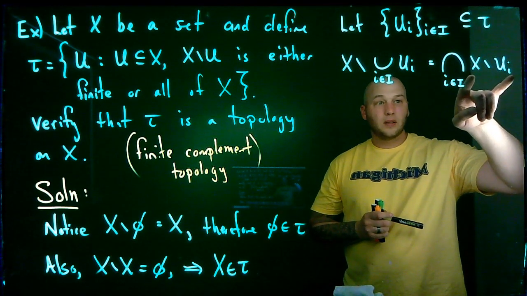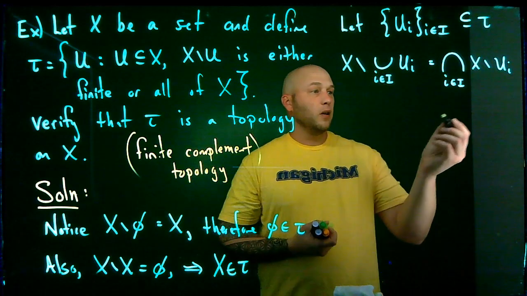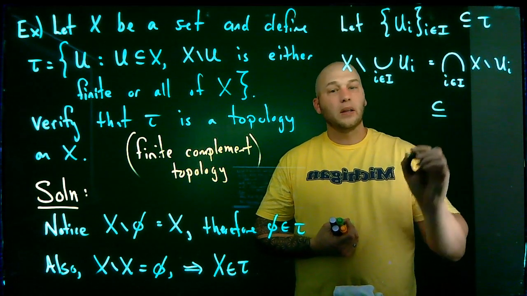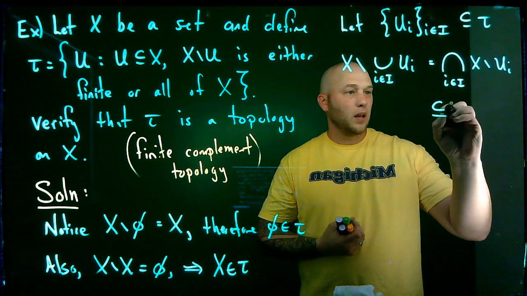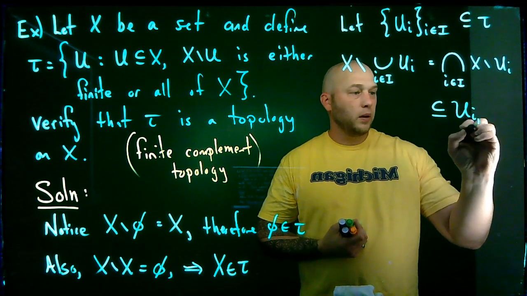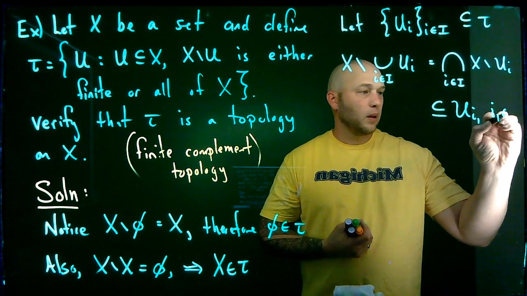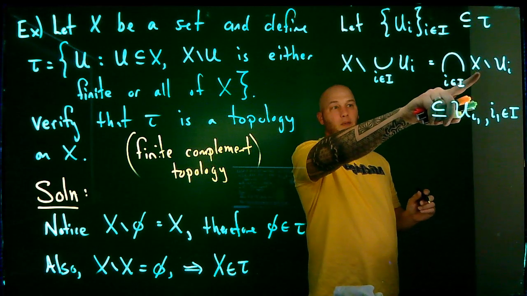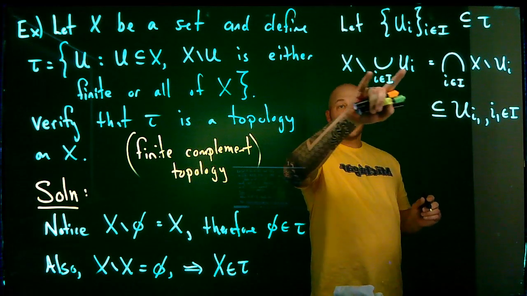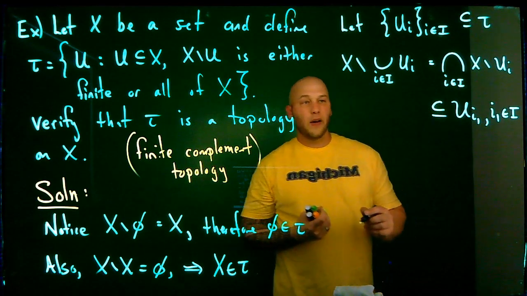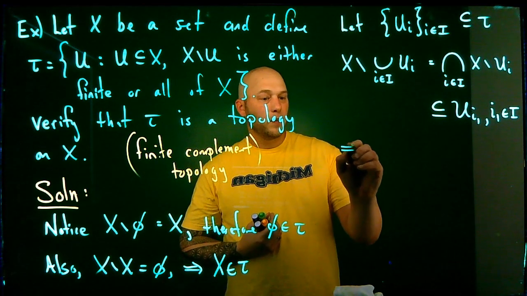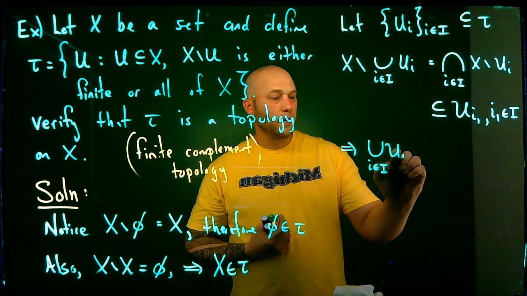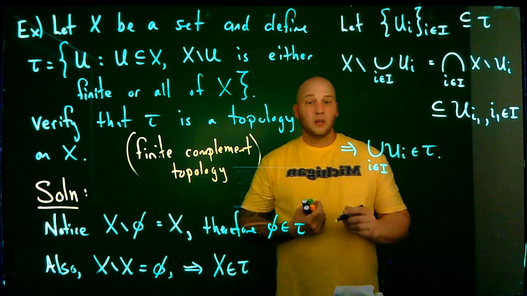And so in particular, if I choose a specific i value, this intersection would be a subset of X minus U_{i1}, where i1 is an element of I. Well, this is a finite set, and this is contained in it. Therefore, this right here must be a finite set. Therefore, X minus the union must be a finite set, and that implies that the union, where i ranges over the entire index set I, is an element of the topology.